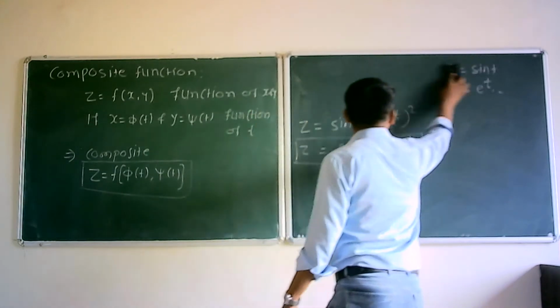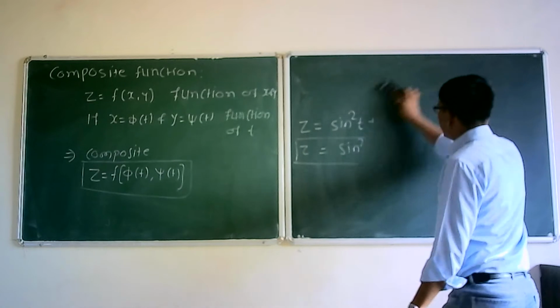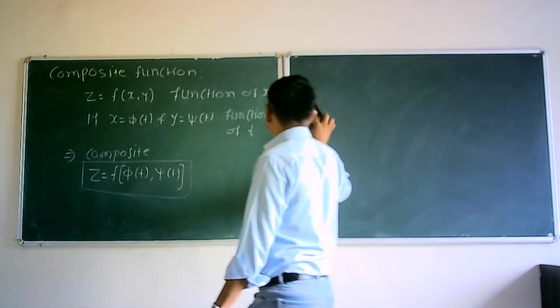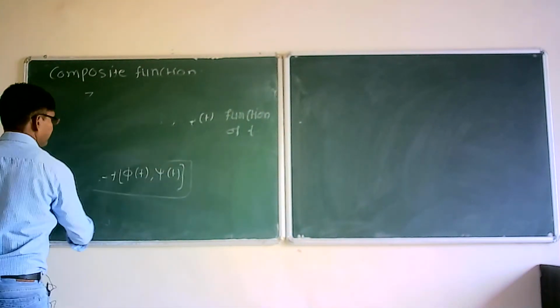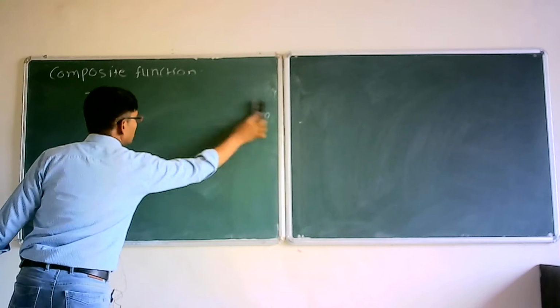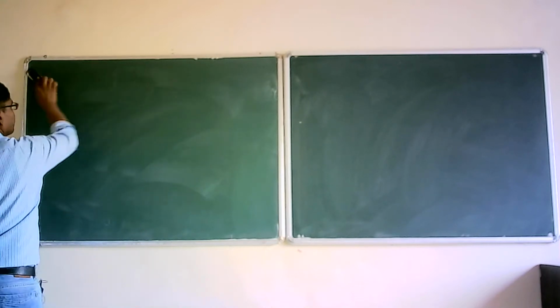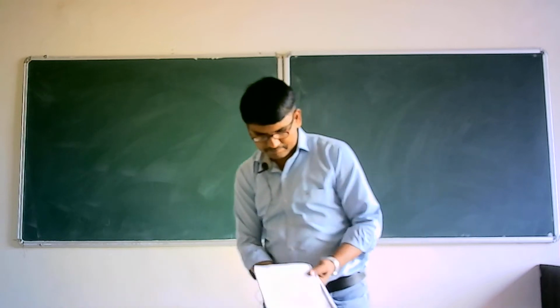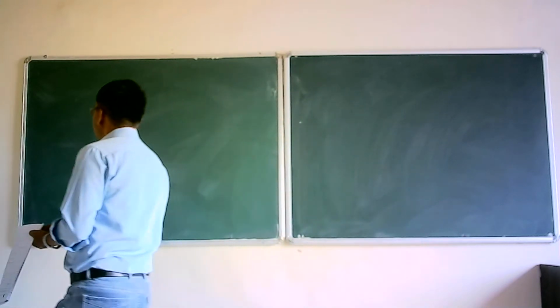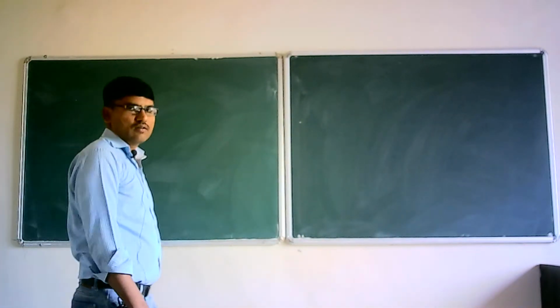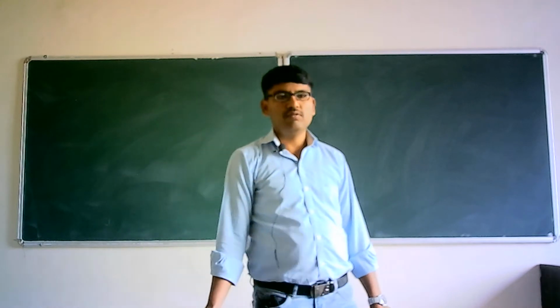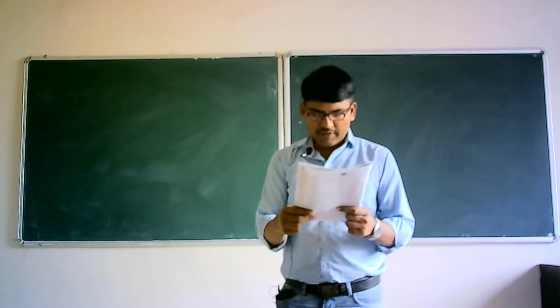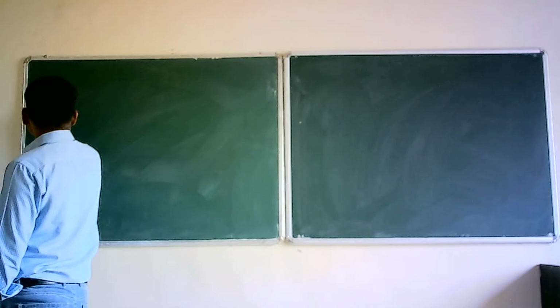Now next, chain rule first. How to find the total derivative of a composite function.